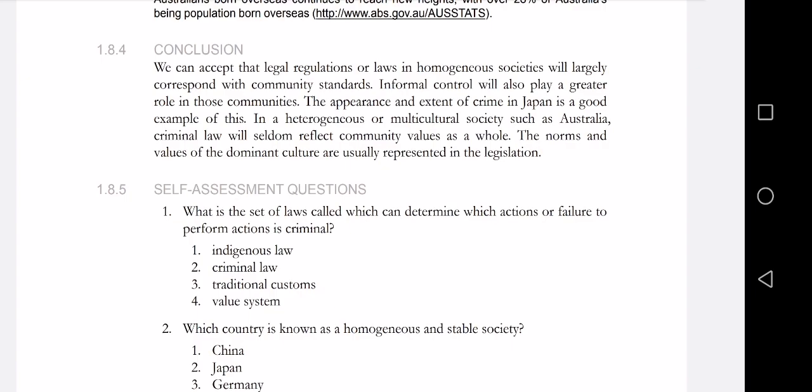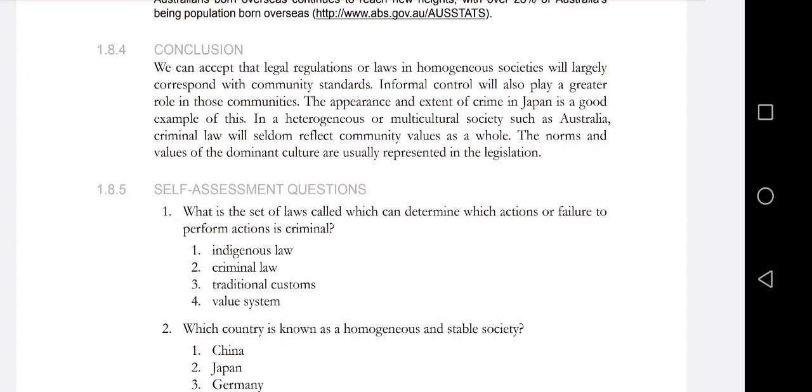The appearance and extent of crime in Japan is a good example of this. In a heterogeneous and multicultural society such as Australia, criminal law will seldom reflect community values as a whole. The norms and the values of the dominant culture are usually presented in the legislation.